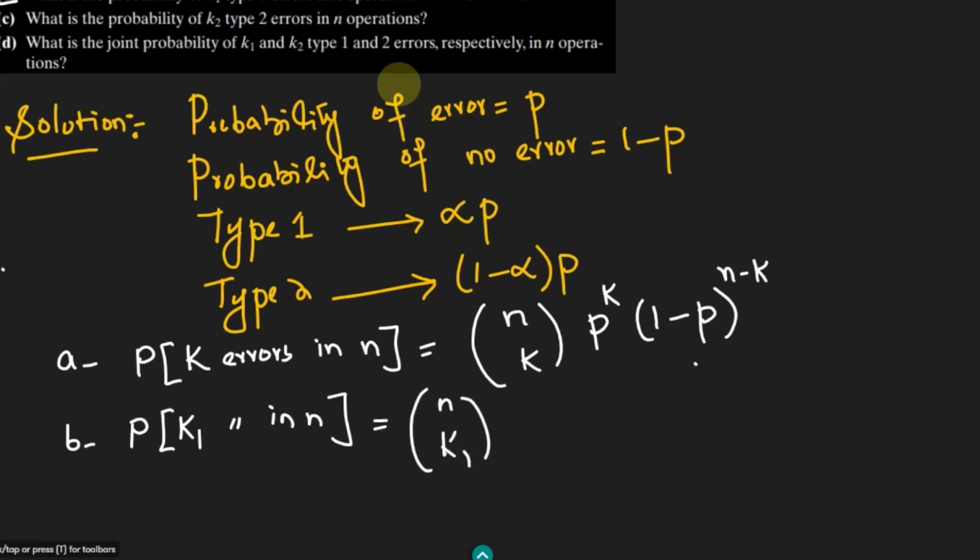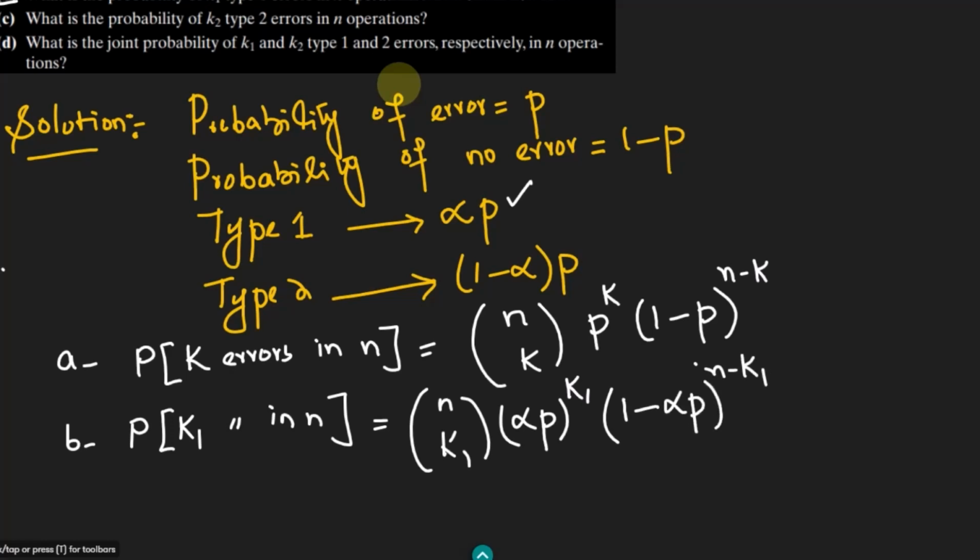The probability of a type 1 error is alpha p, and with it I have to write the power k1. The probability that we don't have a type 1 error would be 1 minus alpha p, and here we will have the power n minus k1.